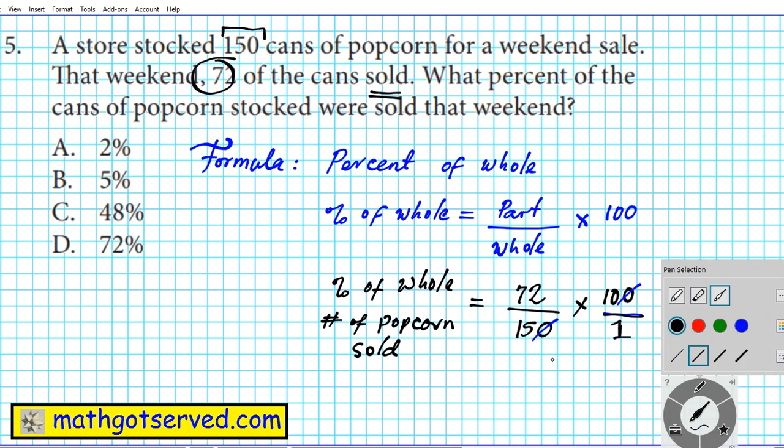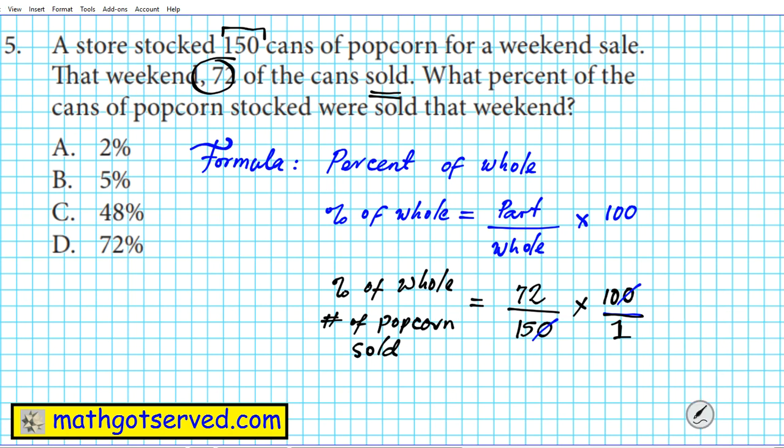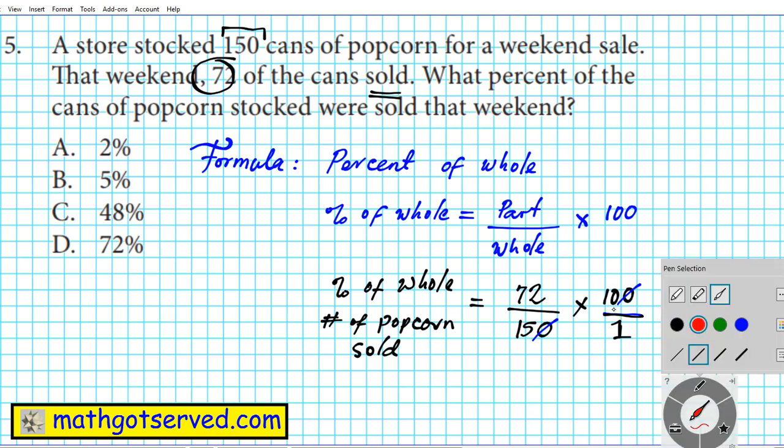So what else can we reduce? Either vertically downwards or diagonally between the 15 and the 10. 15 ends in a 5, 10 ends in a 0. What number goes into every number that ends with a 0 or a 5? The answer is 5. So divide 15 by 5, you have 3. And then if you divide 10 by 5, you have 2.